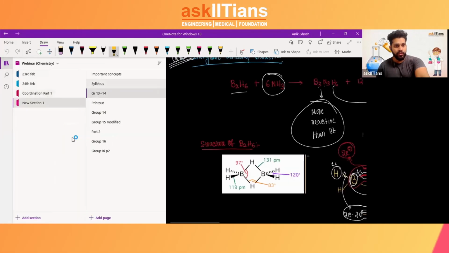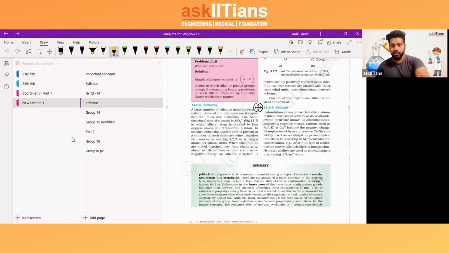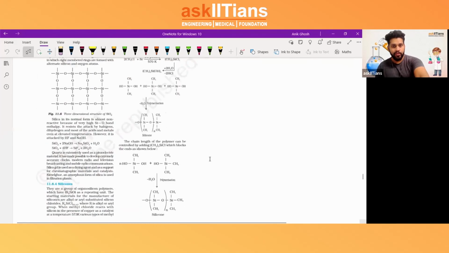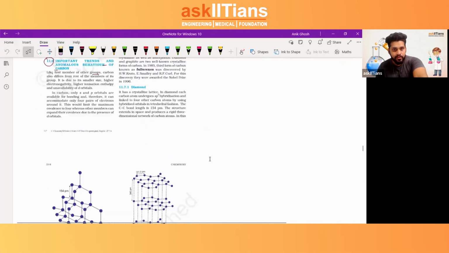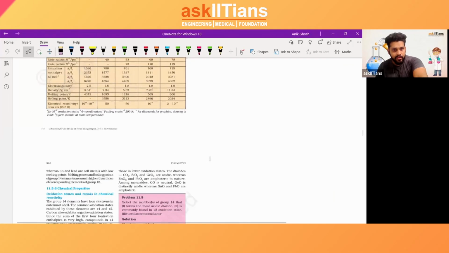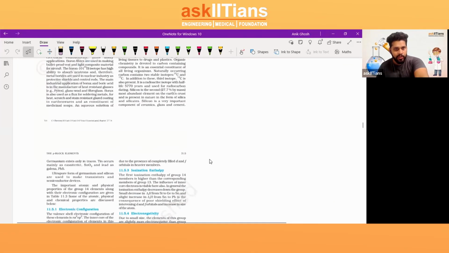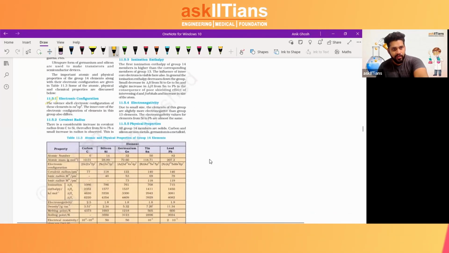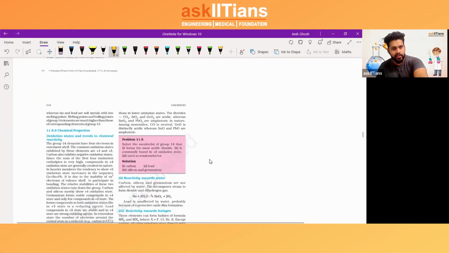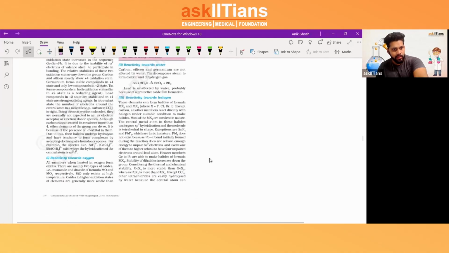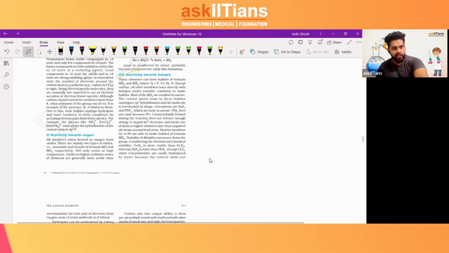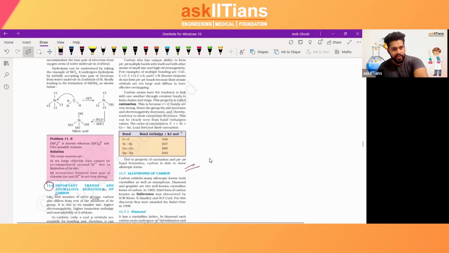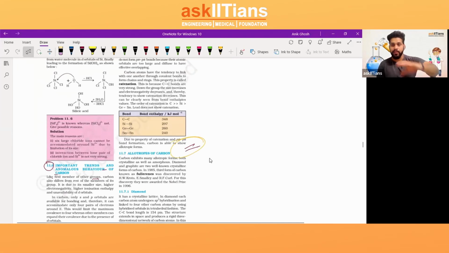If you look into the NCERT over here for the JEE Mains people, starting from group 14 here, you have to learn all this electronegativity, electronic configuration, all these things in here, all the way to chemical properties, reactivity towards halogen, all these things are there. Then important trends, see, I have marked it already, before the allotropes of carbon. Till that point, you have to cover it up, okay?